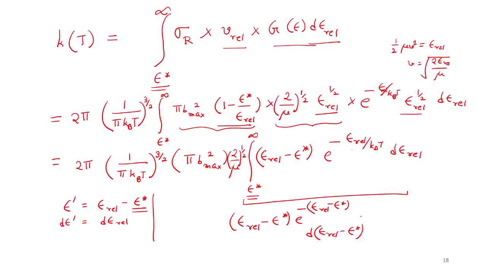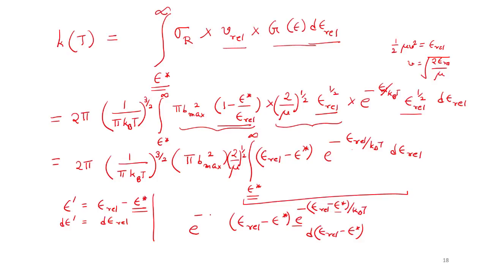But look at what I have done in this process: I have multiplied by an extra factor, e to the power plus epsilon star by kBT, inside the bracket.